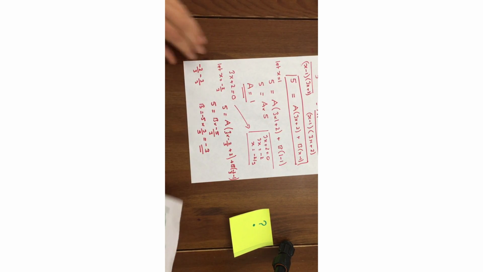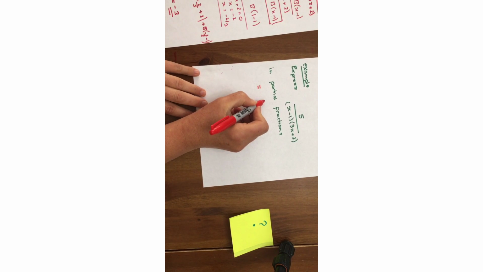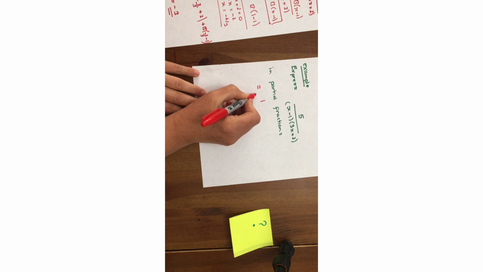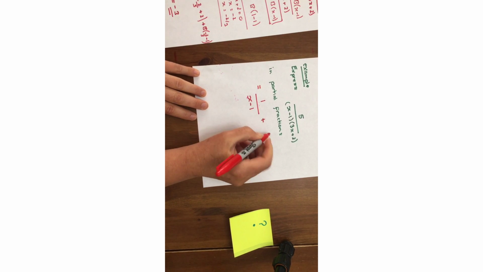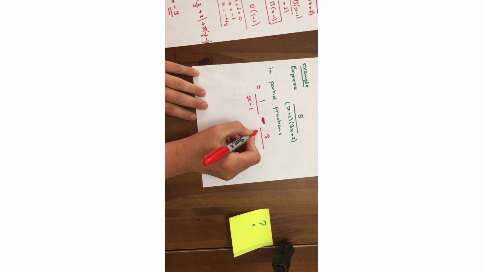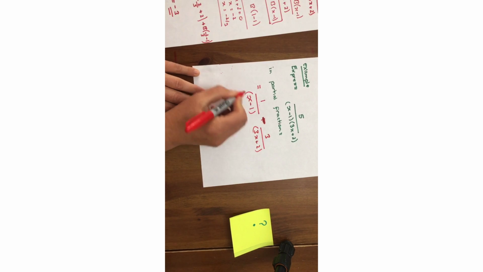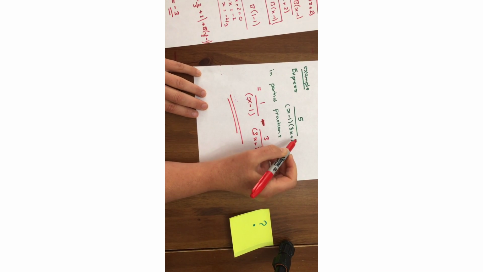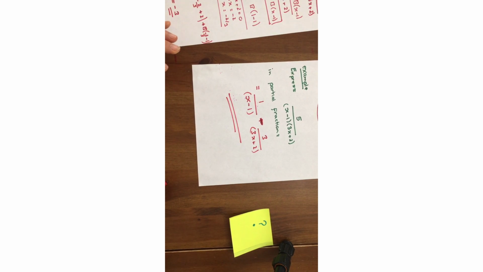If I put a and b back into my original partial fractions, a we worked out to be 1, so that's 1 over x minus 1, and b was minus 3, so I'm going to do minus 3 over 3x plus 2. Okay, so I've now changed this fraction into partial fractions.